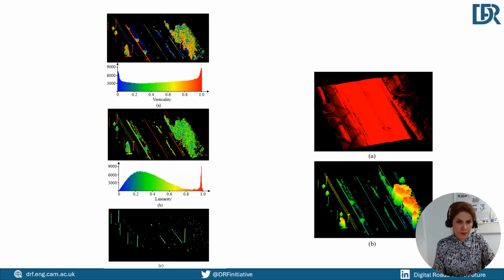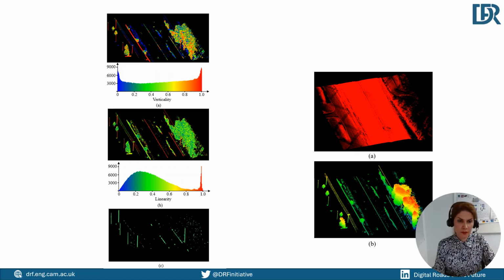Basically, in three data sets, pole shape objects show higher level of verticality, which are depicted with red, and also in linearity feature, pole shape and also power lines show a high level of linearity for these features.